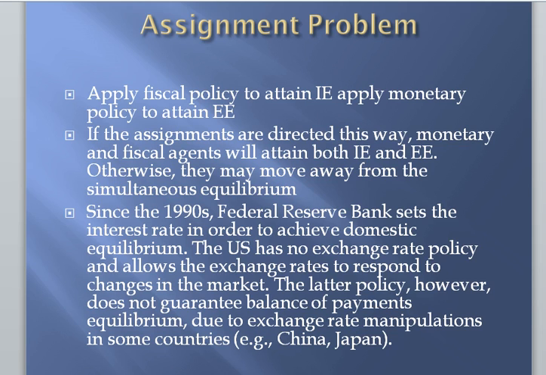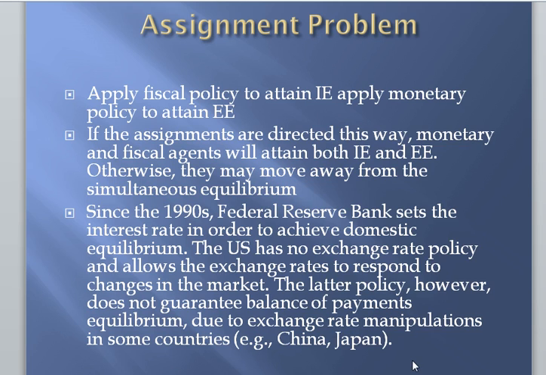Simultaneous equilibrium means achievement of both equilibriums, internal and external balance. So, fiscal policy is good for attaining internal balance and monetary policy is good for attaining external balance. If the policy assignments are in accordance with this rule, the economy may attain simultaneous achievement of both balances.